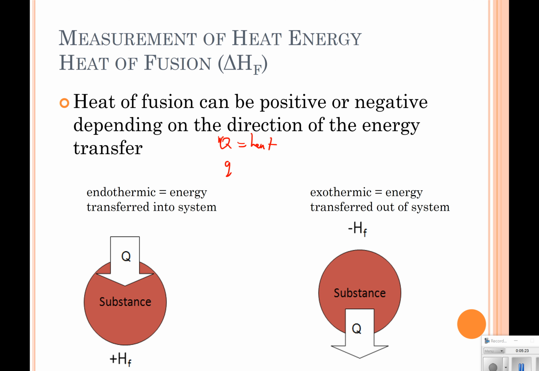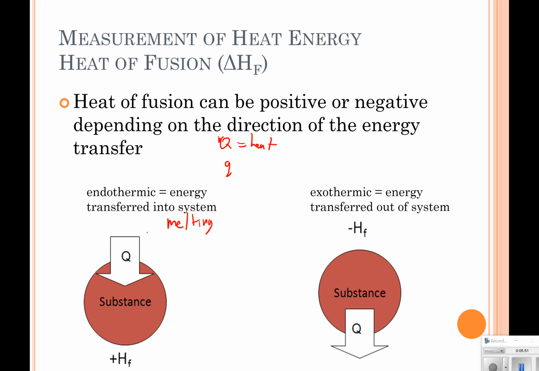But if we have a net increase in heat into a substance, we're going to have a positive heat of fusion value. This is an endothermic change, which would constitute melting. A net input of energy to rearrange those densely packed solid particles, giving them more energy and causing them to move away from each other, decreasing their IMFs.